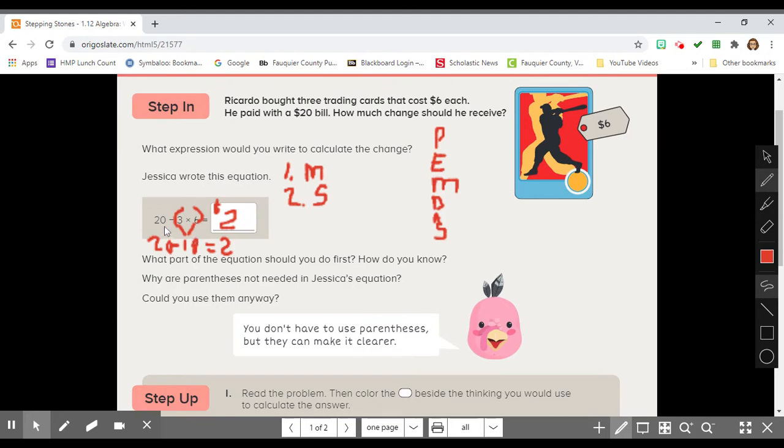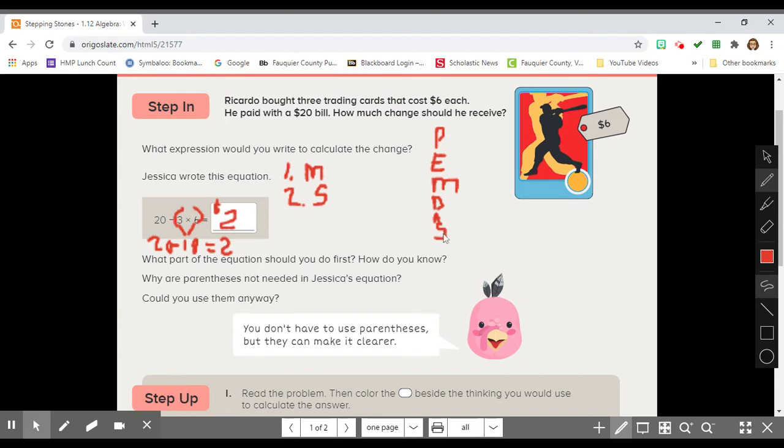It's not asking us to subtract 20 minus 3. If it was asking us to subtract 20 minus 3, then the parentheses would go around there, but it's not asking us to do that. So whatever the problem's asking us to do is where we would put the parentheses.